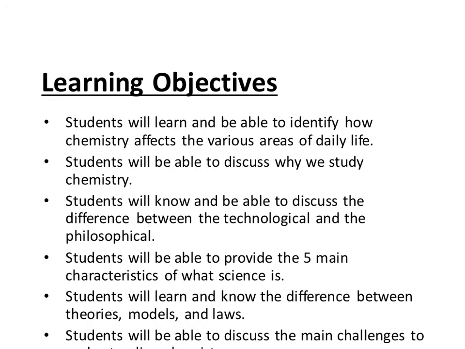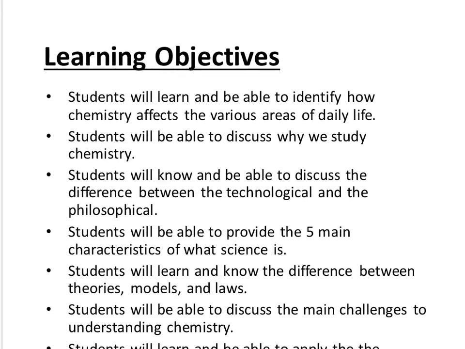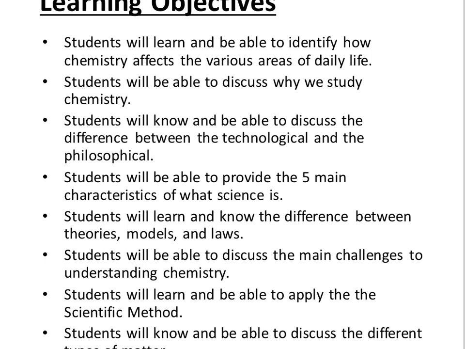So as we come to the conclusion of this set, we have our learning objectives. I feel like most of you probably have done a pretty decent amount of learning how chemistry affects the various types of daily life, how it affects your major. Hopefully we're able to identify some of these reasons and have a conversation about them.